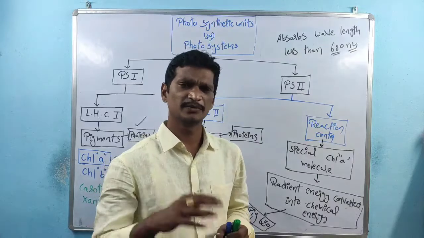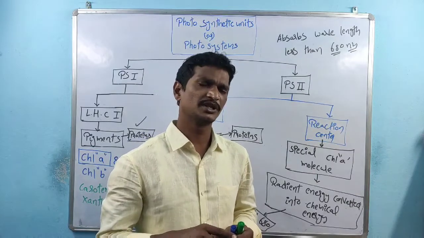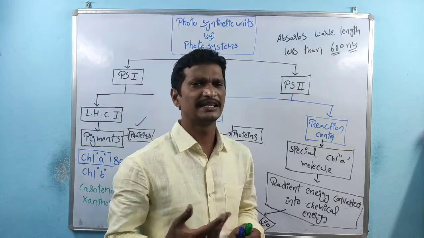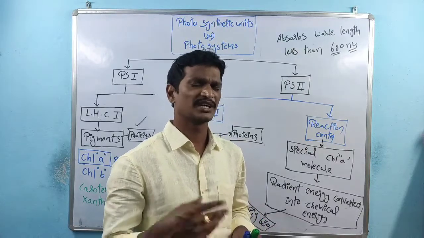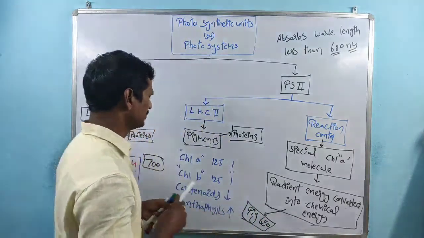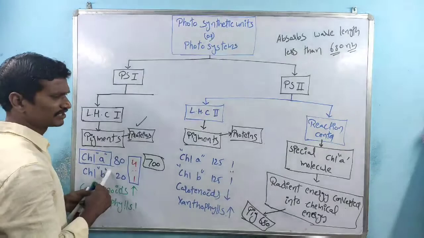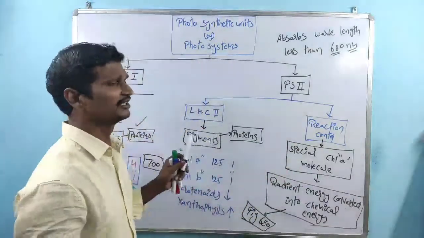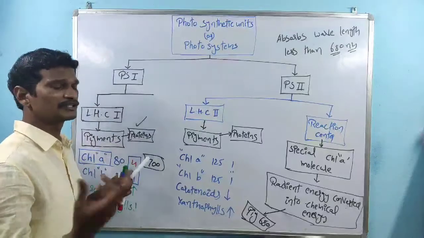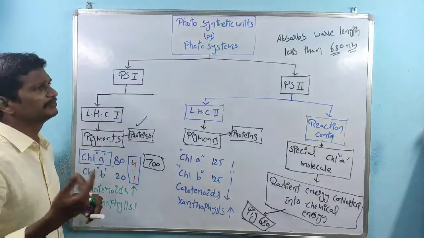Here the major pigment is pigment 680. It absorbs light with wavelength less than 680 nanometers. Here more than 680, here less than 680. That is the absorption difference between PS1 and PS2.